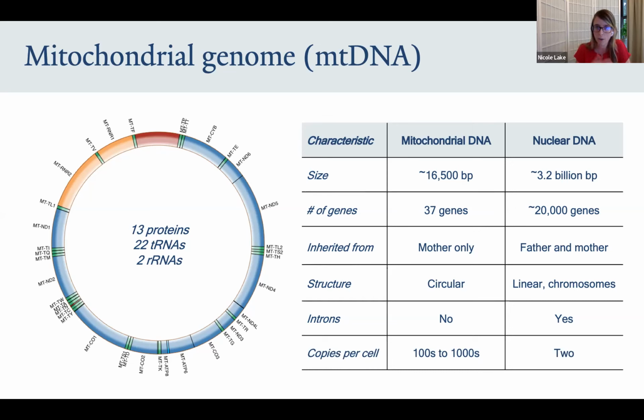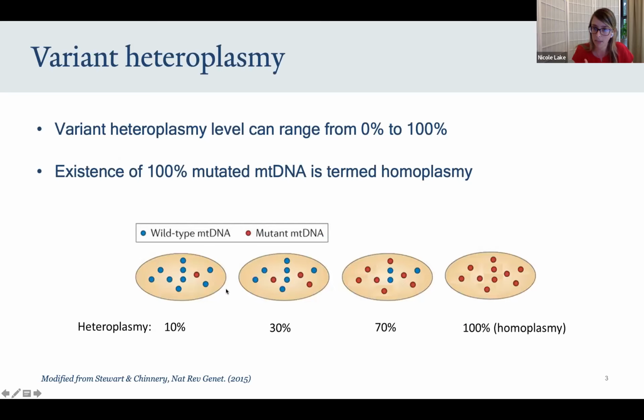In the nuclear genome, there are 2 copies of every gene present in a cell. One you inherit from your mother and one from your father. But for the mitochondrial genome, there are actually hundreds to thousands of copies of these circular molecules in a cell. And this leads to the phenomenon of heteroplasmy, whereby you can have a variant that's present only in a fraction of the total mitochondrial genome molecules in a cell or in an individual.